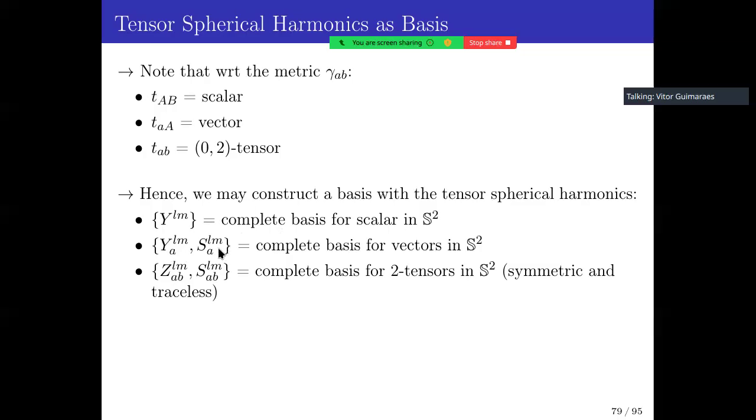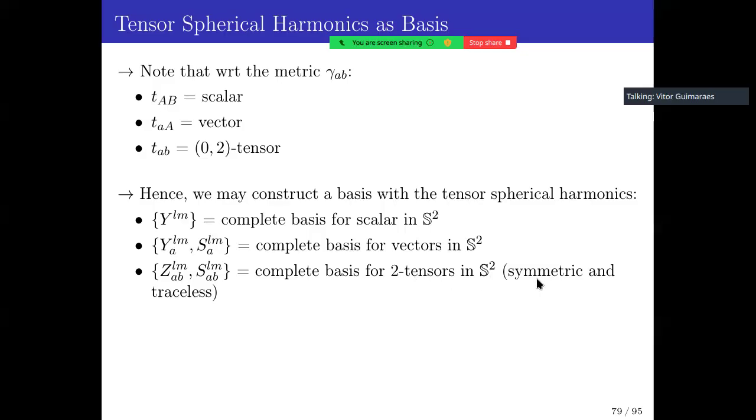The vector spherical harmonics here, the polar and axial, even and odd vectors, form a complete basis for vectors in the two-sphere, and the even and odd two-tensors form a complete basis for symmetric and traceless, a priori, two-tensors in the two-sphere, right? So far we don't have a complete basis for general two-tensors in the two-sphere.